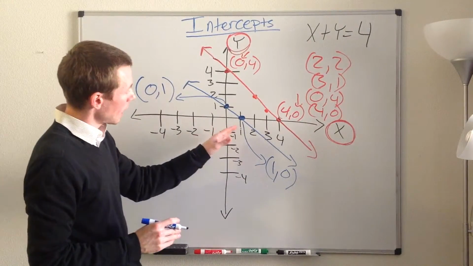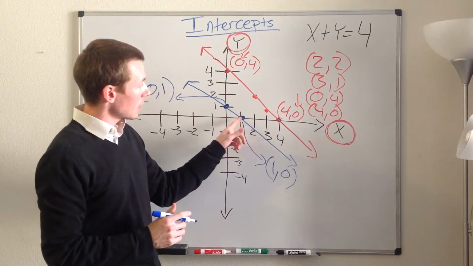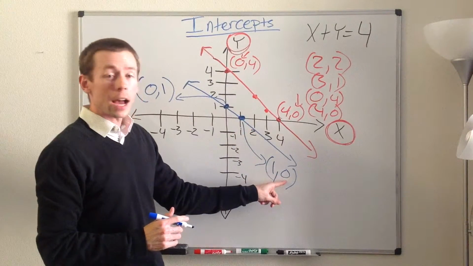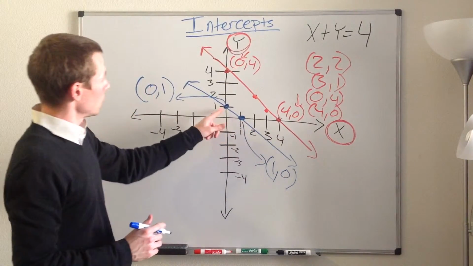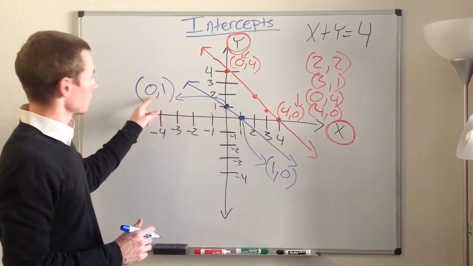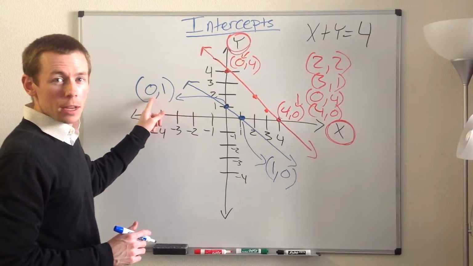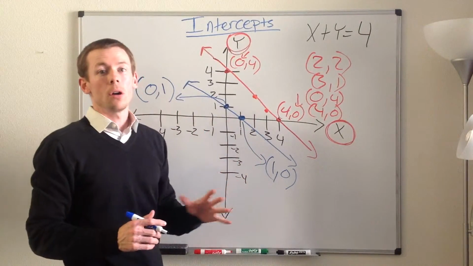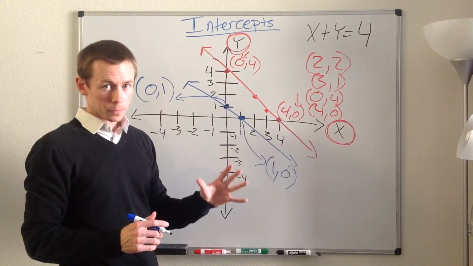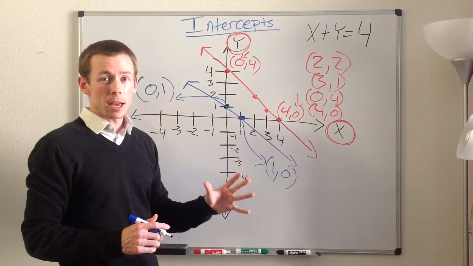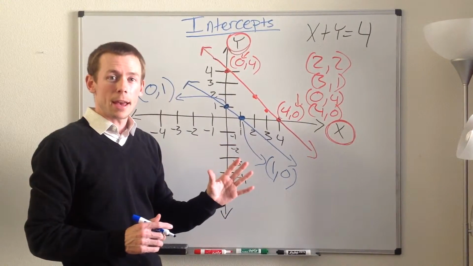So again, notice what happened. When it hits the x-axis, y is 0. When it hits the y-axis, x is 0. And that's going to be the case in all situations where the line intercepts either the x or the y-axis.